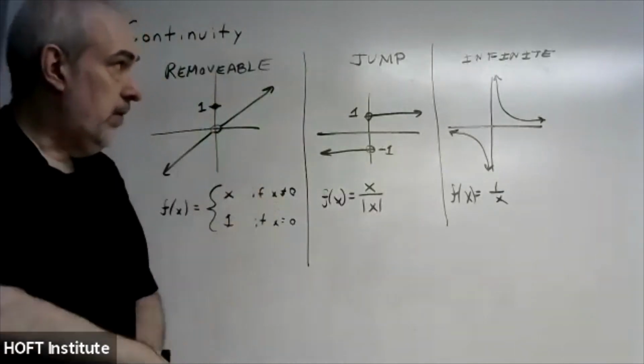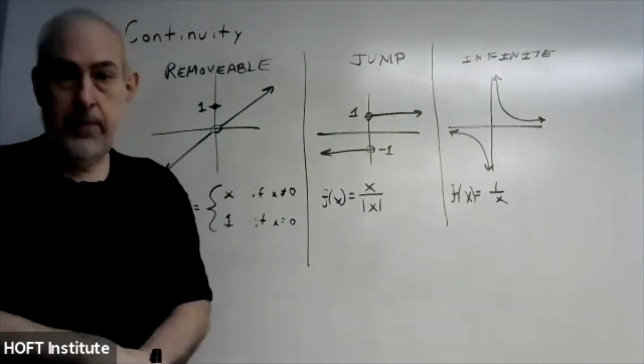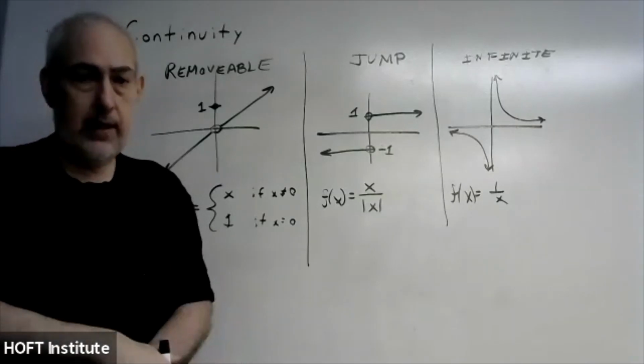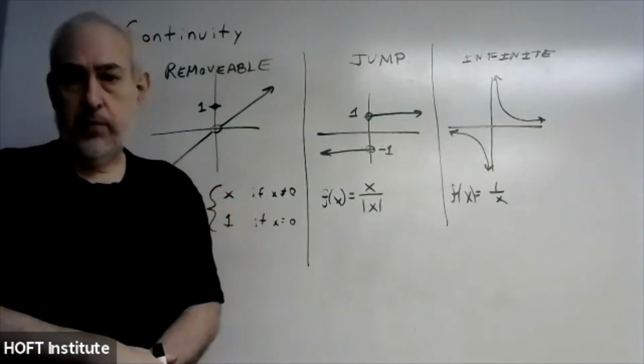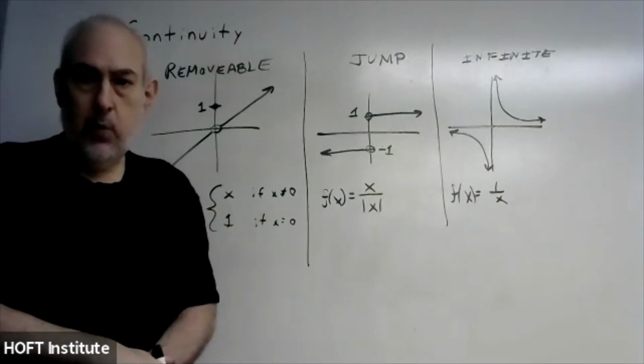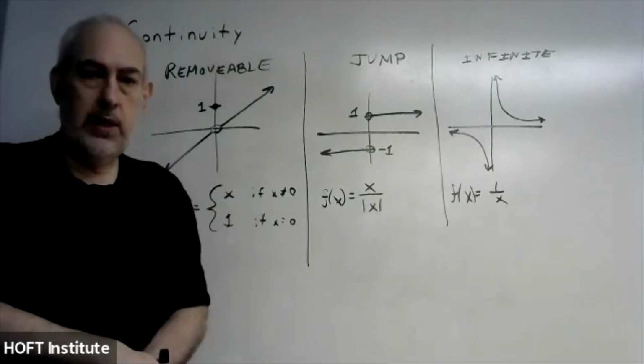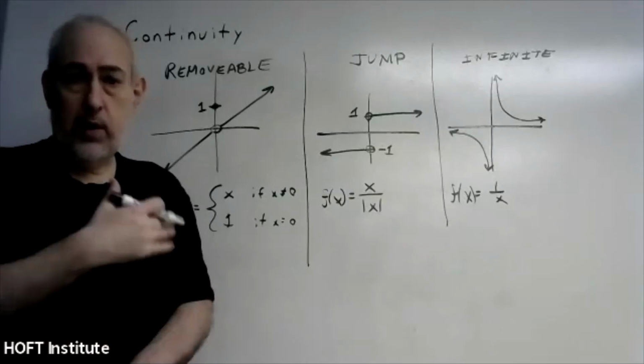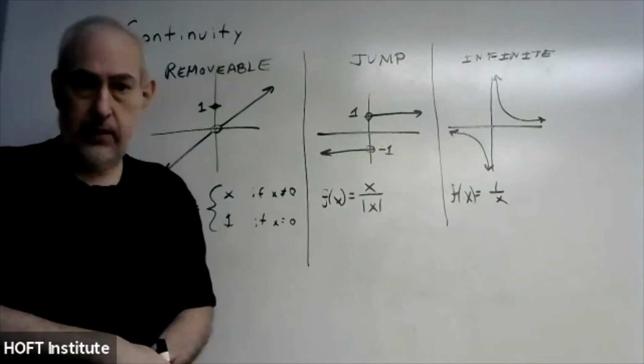At x equals 0, we have an infinite discontinuity because the limit as you approach 0 from the left is -infinity. The limit as you approach it from the right is +infinity. We use the word infinite discontinuity if either limit from the left or the right is going towards one of the two infinities, either positive or negative.